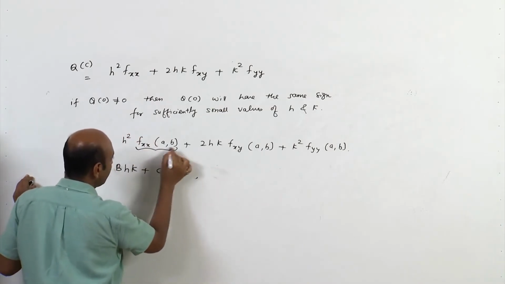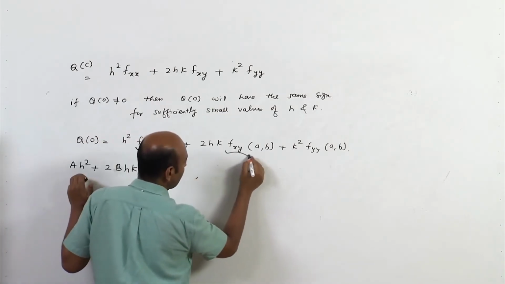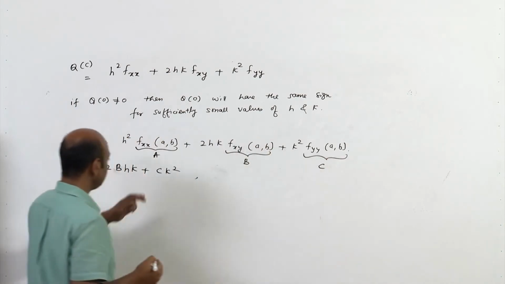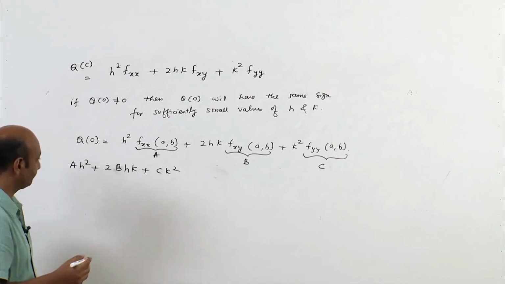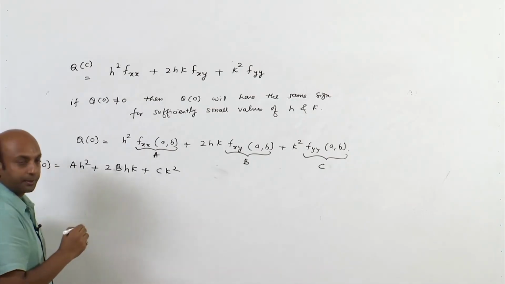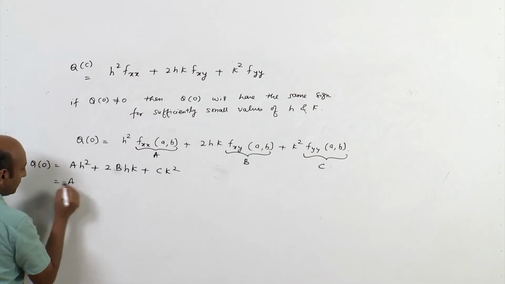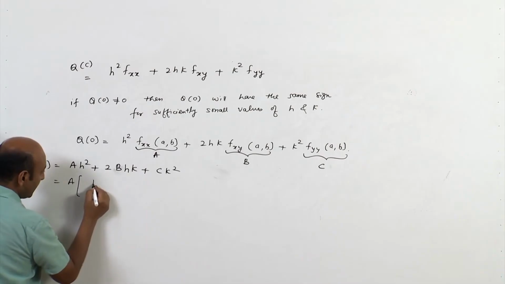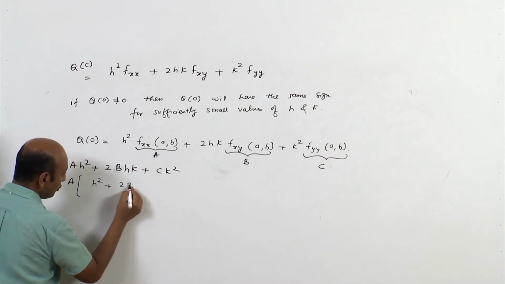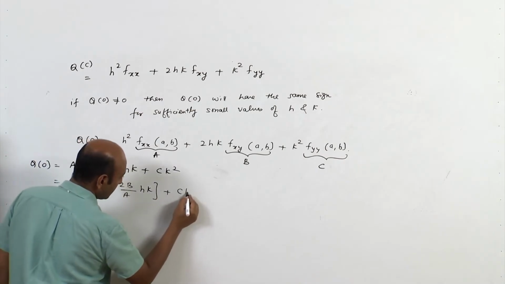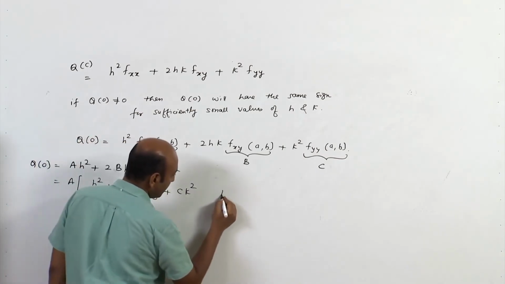Suppose this is capital A, suppose this is capital B, and suppose this is capital C. Now, make a perfect square. You take A common, assuming A is not equal to 0. So, this will be h² plus 2B/A hk plus C/A k², assuming A is not equal to 0.